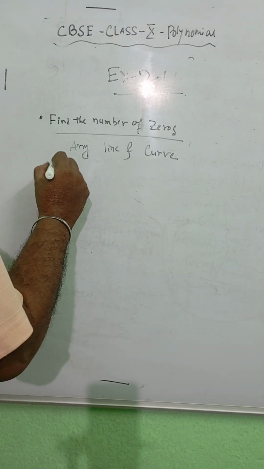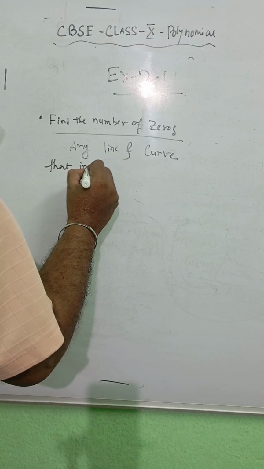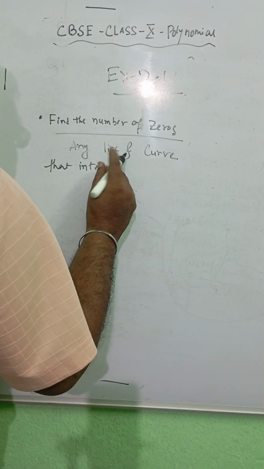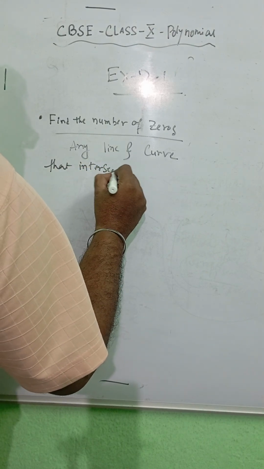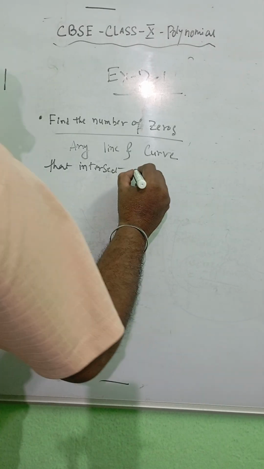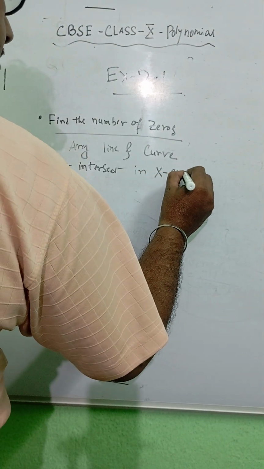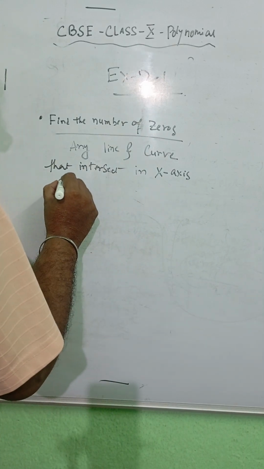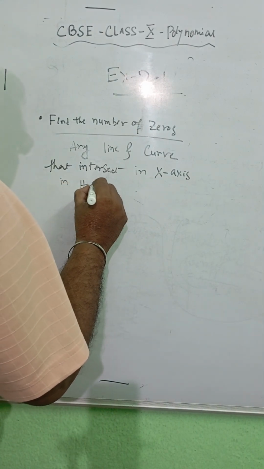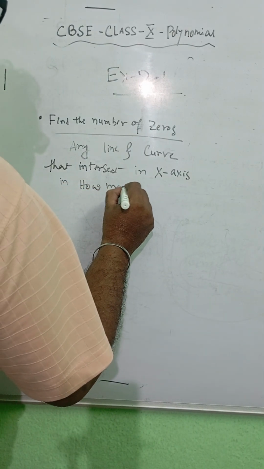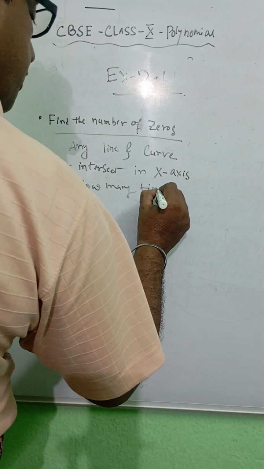that intersects the x-axis, how many times?